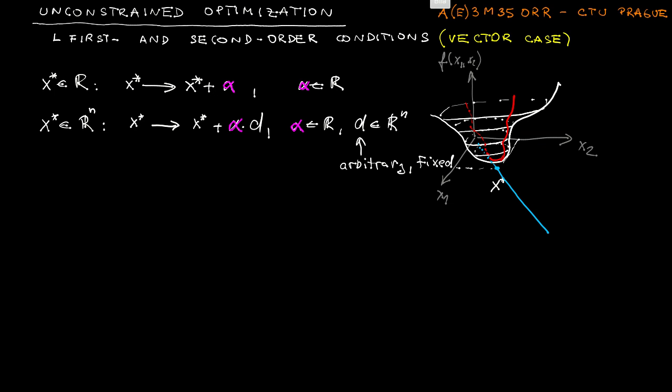There is an alternative approach that we will mention later in this lecture, and in this approach that I would call perhaps genuine vector approach, we directly perturb our x star with the perturbation vector d, and this time the d vector is the perturbation itself.